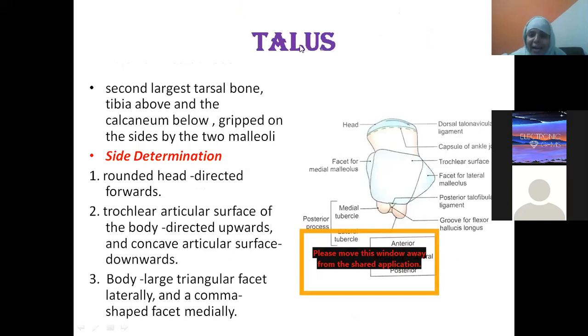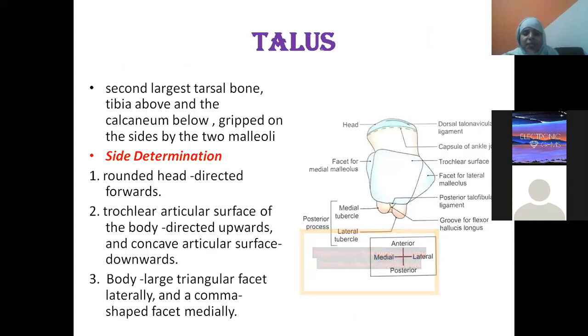Now coming to the talus. I told you the talus is the bone which takes part in the formation of the ankle joint. Now see here, don't read anything, beta, just look at the picture and you will understand everything. These are Vishram Singh's pictures. When you hold the bone, this is the anterior end, which is the head, and it is covered with articular cartilage.